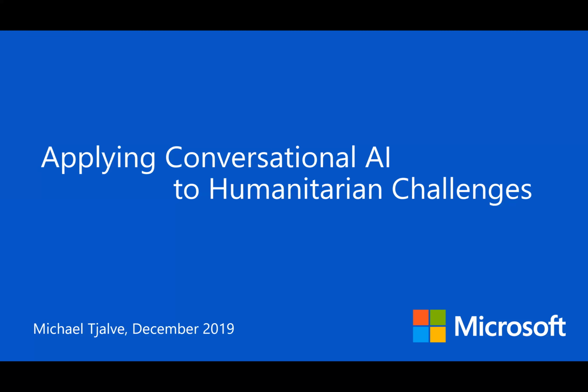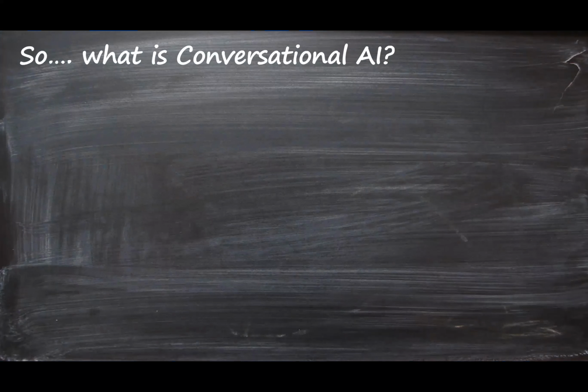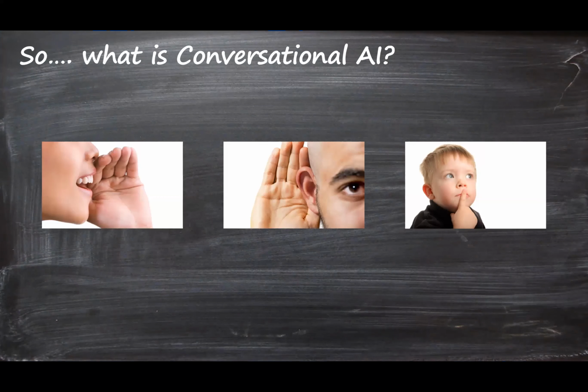So first, just for context, what is conversational AI? It is a set of natural language technologies that simulate capabilities we typically associate with human intelligence. This includes primarily speaking, hearing, and understanding. And this can be based on text interactions or spoken interactions.